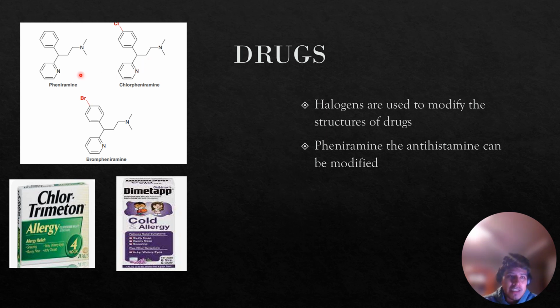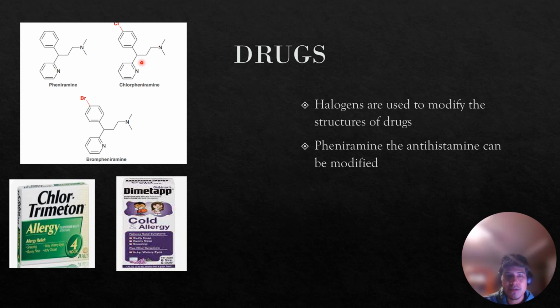When we halogenate pheniramine and add a chlorine, it keeps the properties of pheniramine, but it makes the drug 10 times more potent, which is pretty cool.